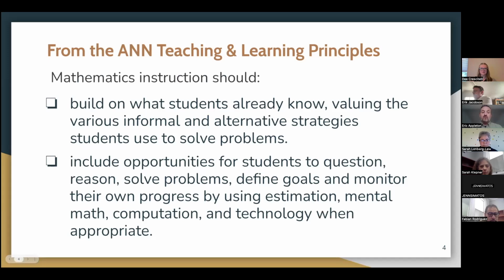30 years ago, when the Adult Numeracy Network was formed, none of us here today were part of the organization at that time, but our wise elders developed teaching and learning principles which we still call upon to ground our instruction, and when we think about professional development, thinking about what is most important in our orientation.